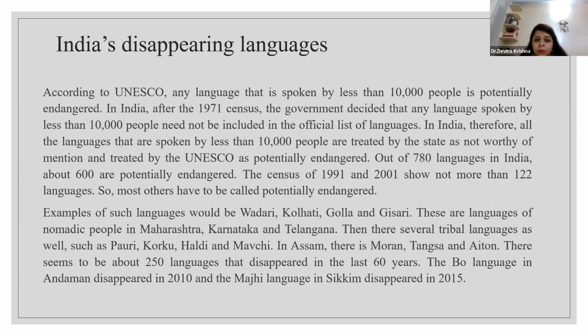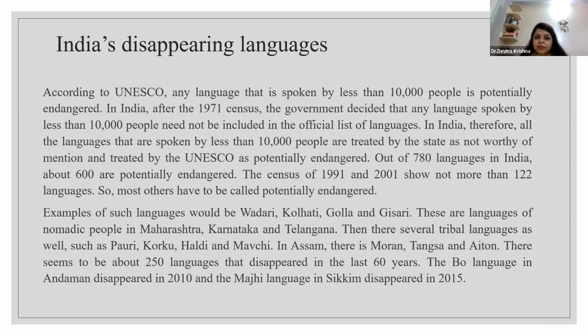In the vulnerable group, most children speak the language, but it may be restricted to certain domains, and most adults and children are speakers. But the speakers slowly diminish.